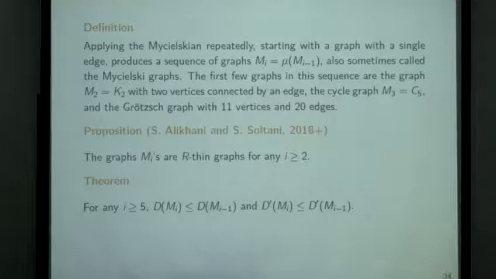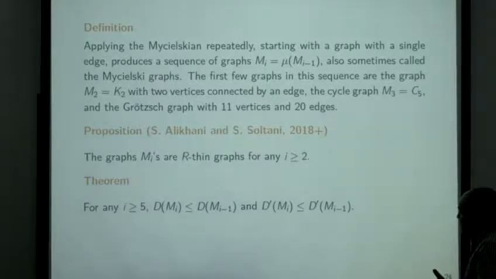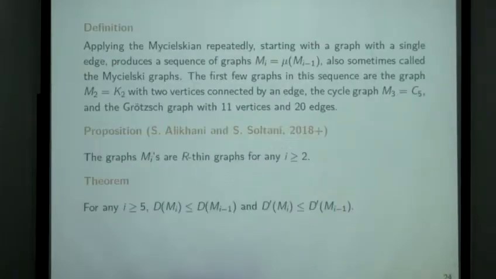Now we want to see what happens to graphs when we repeat Mycielski graphs recursively. For example, we start with a graph with a single edge and produce a sequence of graphs Mi, which is mu of Mi minus 1.